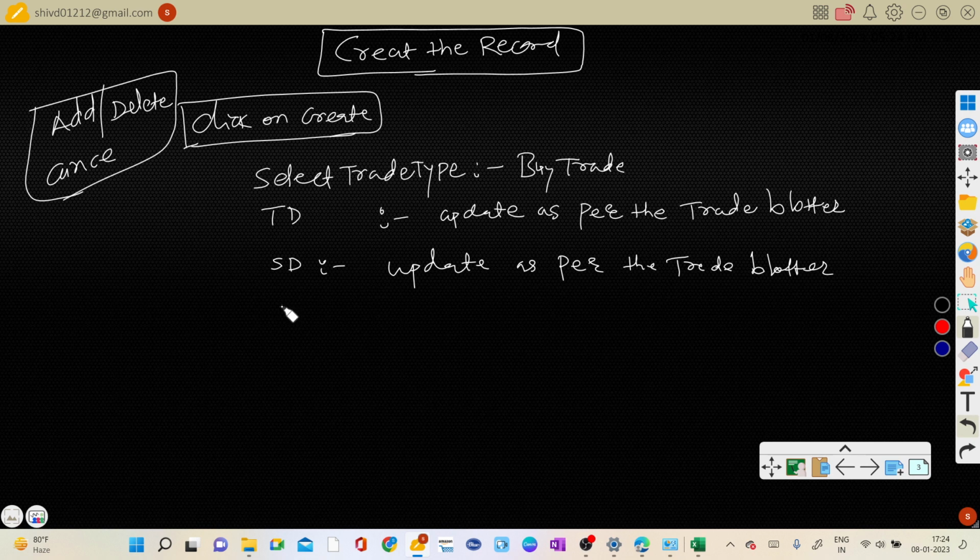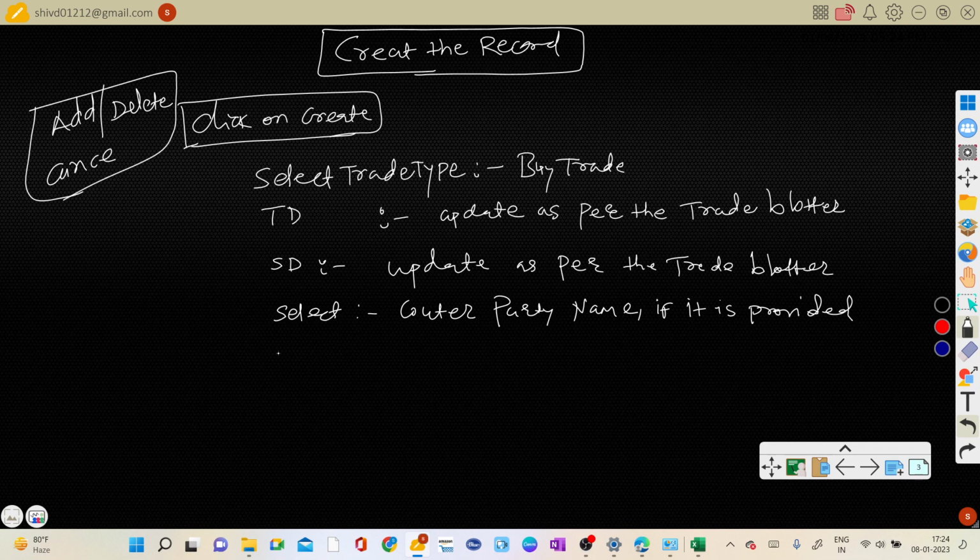Then select the counterparty name if it is provided. For equity, you cannot expect any counterparty, but still, if they provide it, you can update the name.